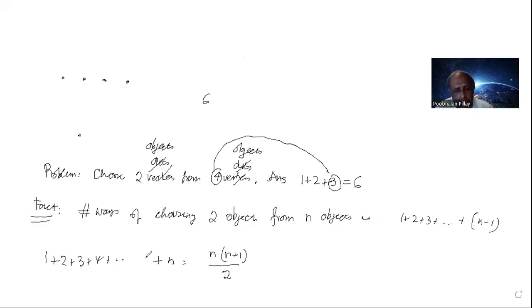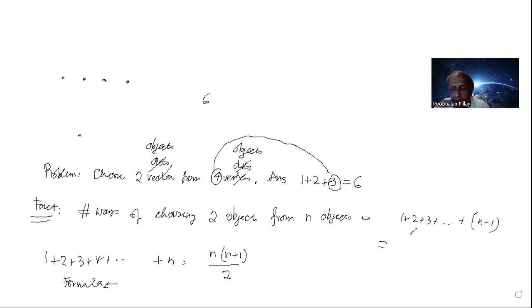I'm not going to go into the details of that, but if you go into my book, you will see a chapter on interesting formulae. And if you go there, you will see why 1 plus 2 up to n is n into n plus 1 over 2.